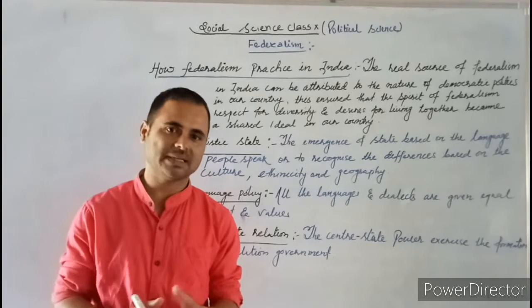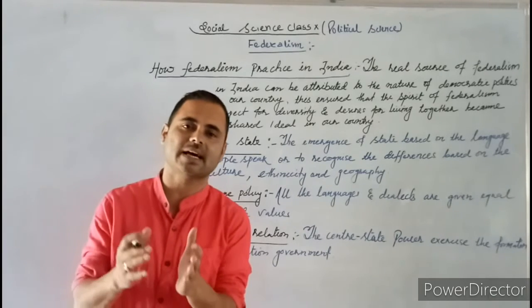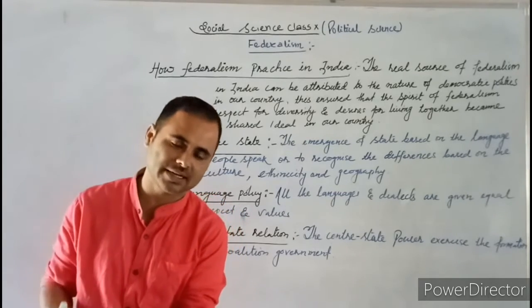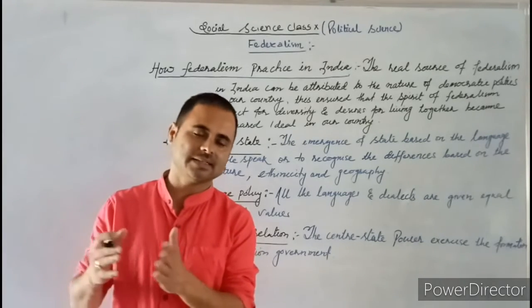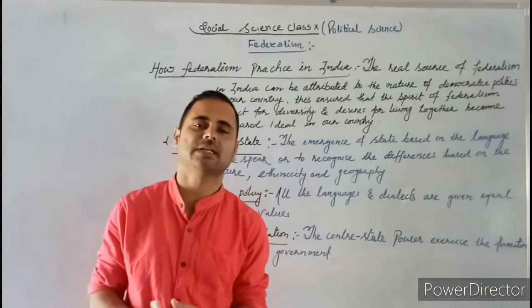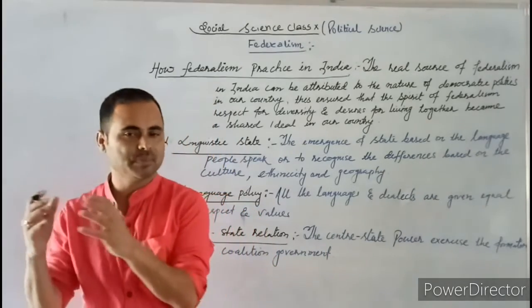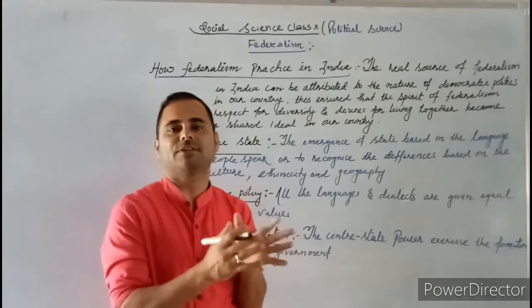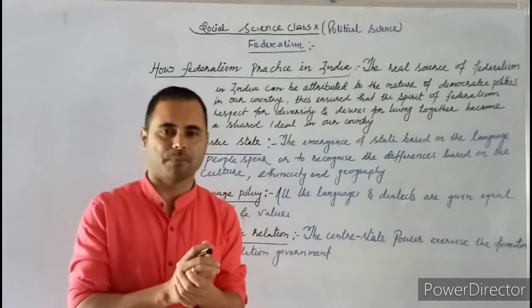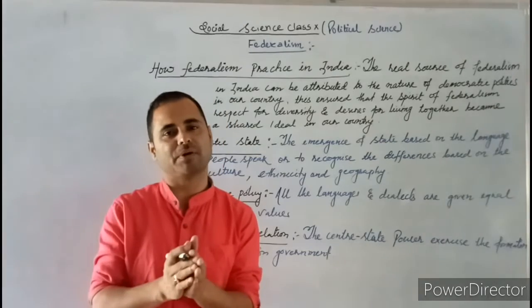It seems so, but it does not mean that. It does not mean that state political parties, state affairs or state issues are neglected. Why? At the central level, when the government is formed at the national level, both the center and the state political parties play an equal role. They are equally given importance.